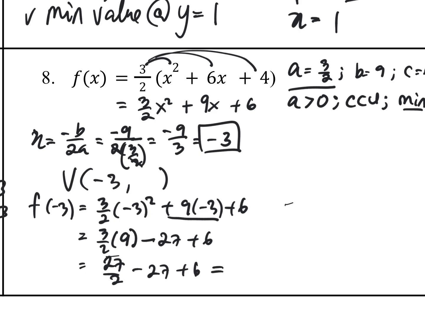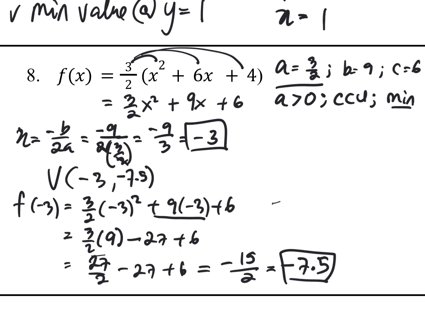Here this is going to give me negative 15 over 2, or it's also equal to negative 7.5. Okay, so this is my y coordinate here, negative 7.5.